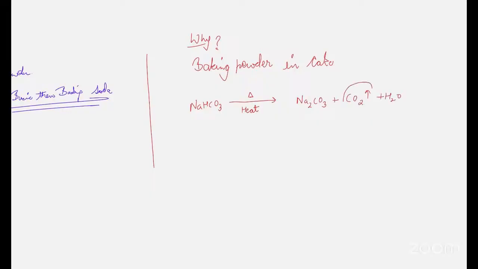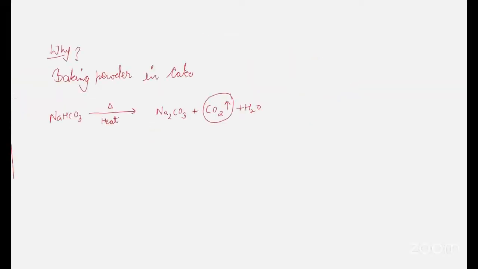So this carbon dioxide, for example, if this is inside the cake, will be released. Everyone, please pay attention. For example, this is a cake mixture and this carbon dioxide will be trapped inside the cake.